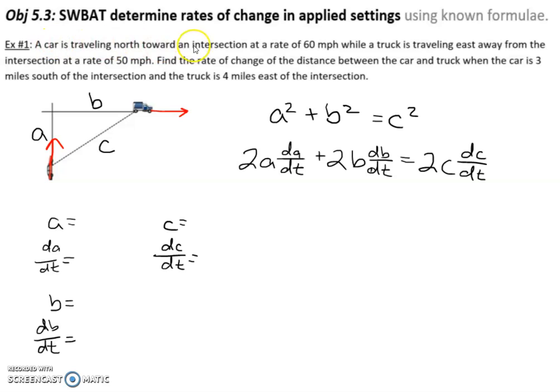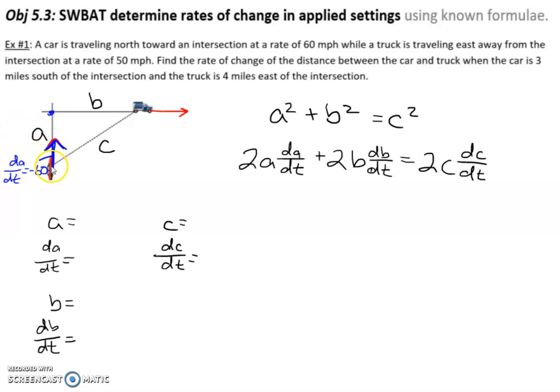They say the car is traveling north toward an intersection at a rate of 60 miles per hour. So that means that this arrow that I initially drew in red is going towards the intersection at a rate of 60 miles per hour. So dA dt is how a is changing. That's going to be negative 60.